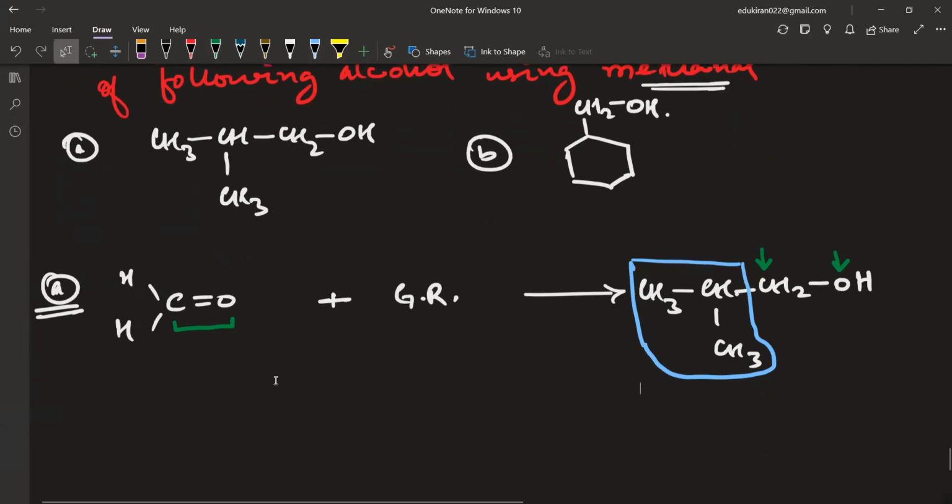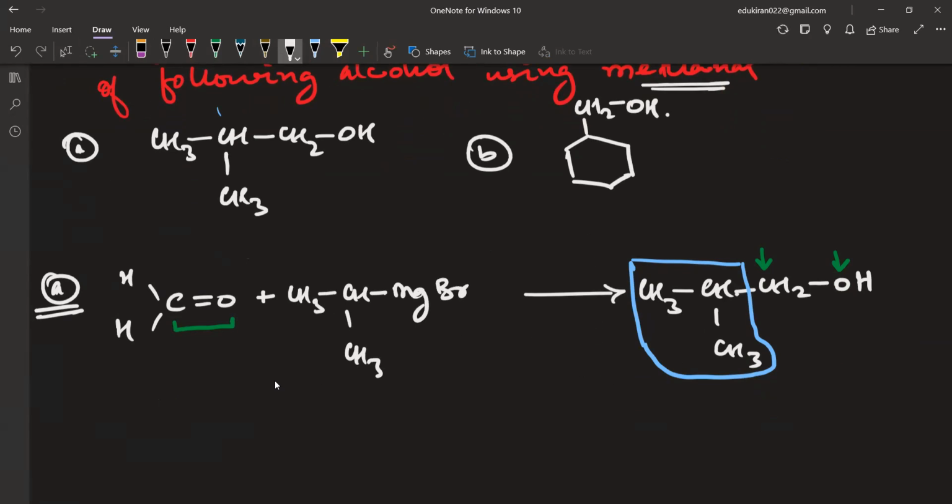So you will take that part as it is, don't have to change anything there. You'll write it like this: CH3, CH, CH3, and wherever you have broken the bond, you will write here MgBr like this.